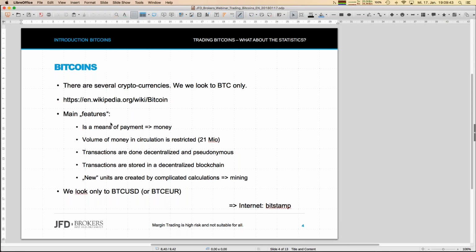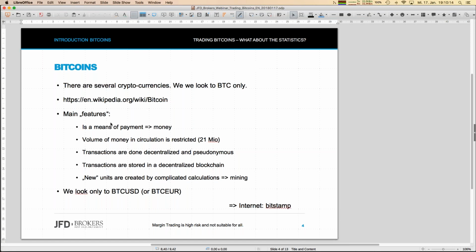We have no notes written with Bitcoins, but it's a payment methodology. So you can really pay invoices in Bitcoins. And up to now, there are more than 100,000 shops and stores where you can buy something for Bitcoins. So it's real money.